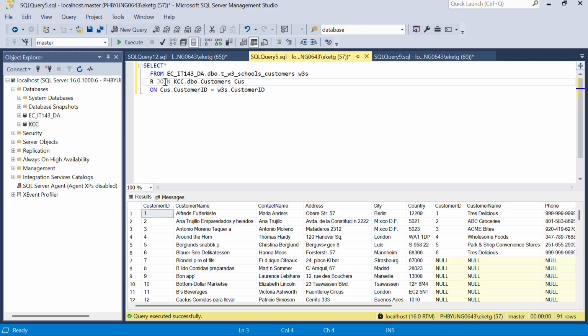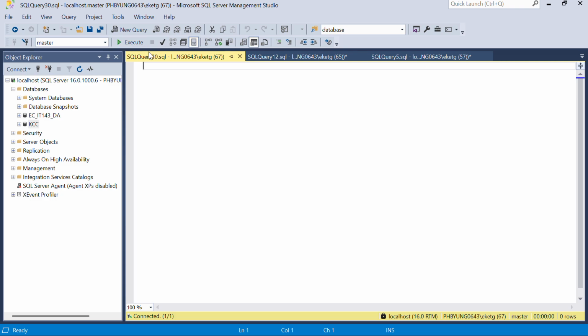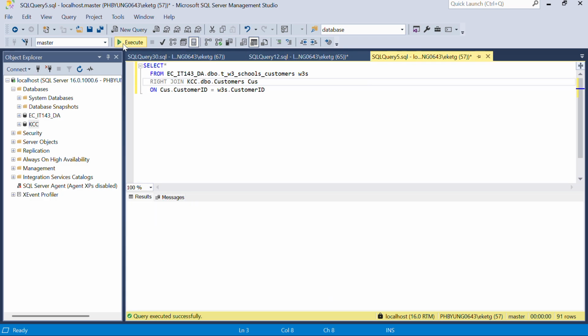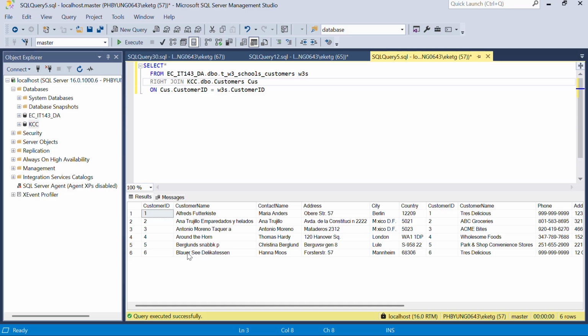So let's use right join. Sorry, that's a mistake. Okay, so let's use right join, and it gives me 6. Now, why is it 6? Because the first table has this same number, because I'm using the ID.